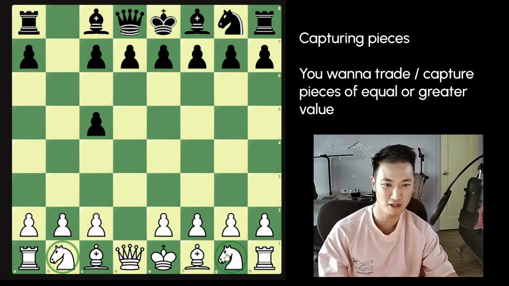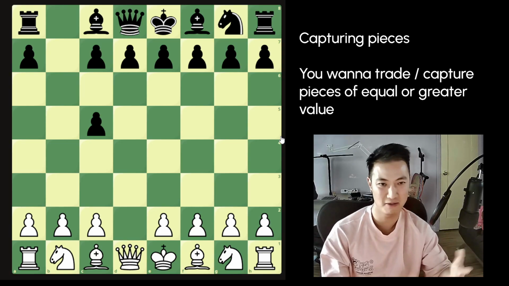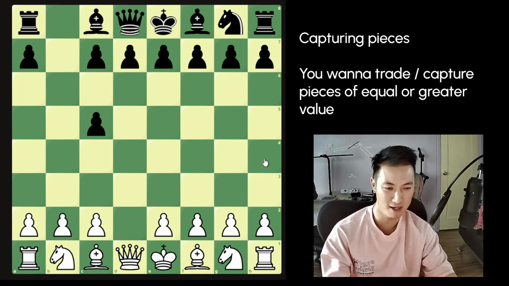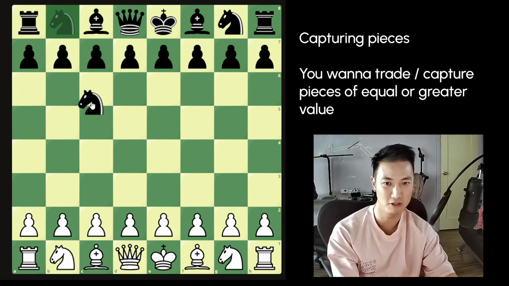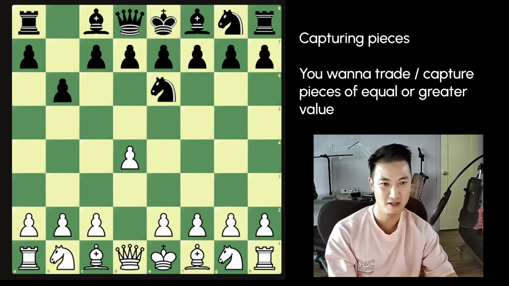I have an extra knight, and they only have one knight, which is stronger than a pawn. For now, you can promote and stuff, but when we're talking about immediate point conversion, it's not worthwhile trading a knight for a pawn. So instead of defending it, you want to move it away so that you don't lose it.